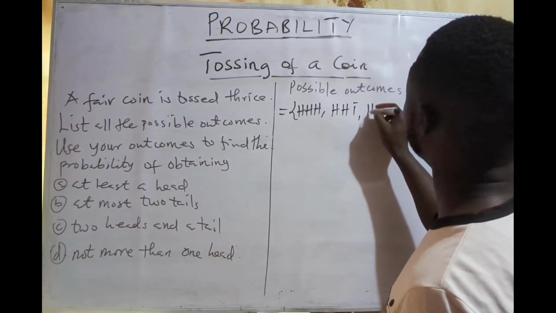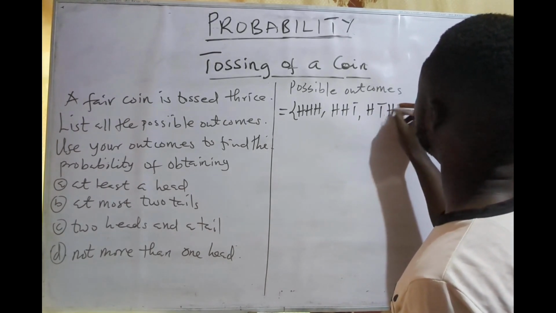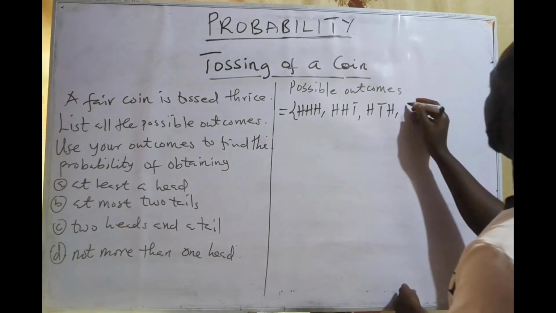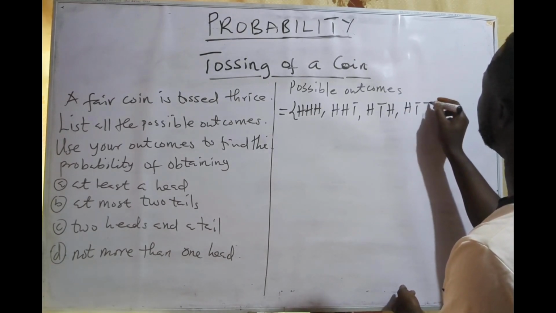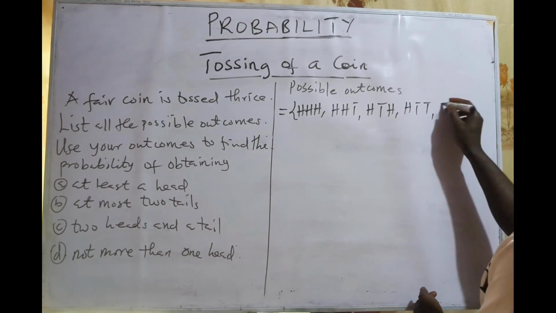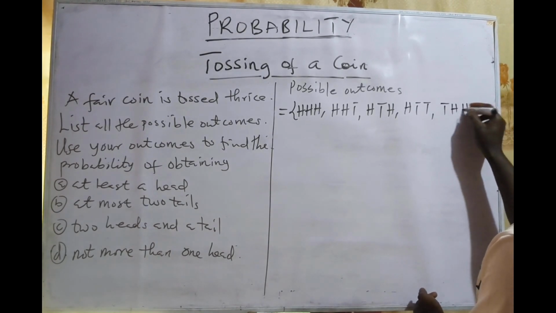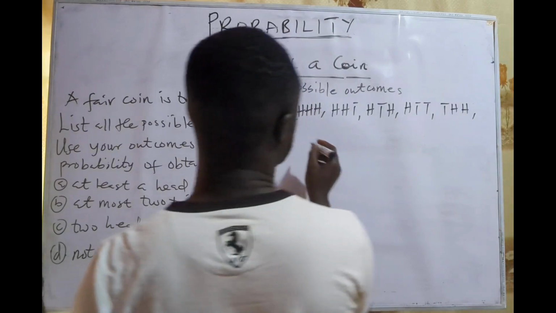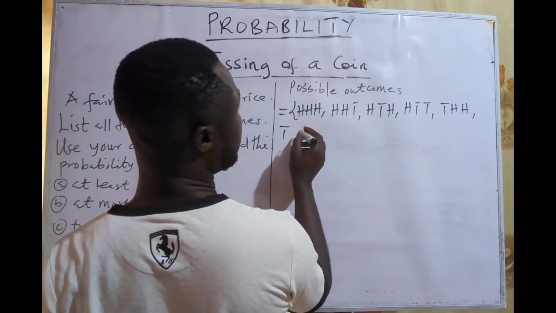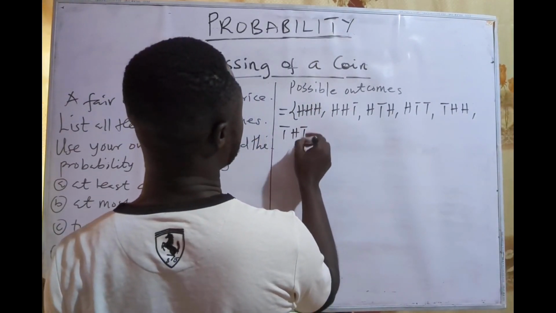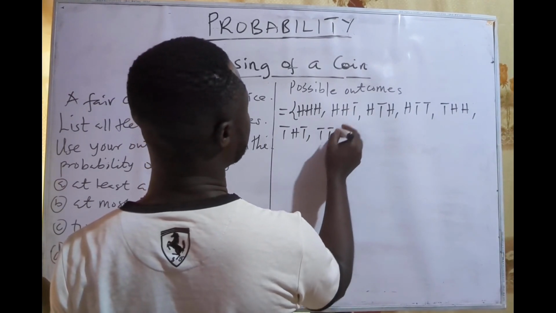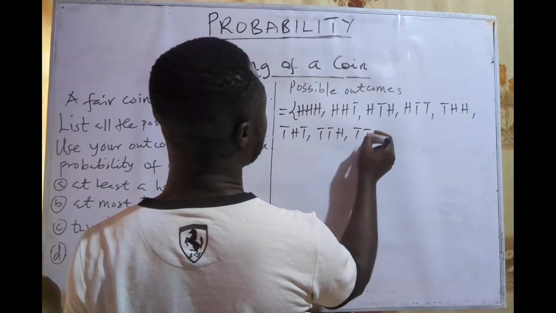Or we can have head first, tail second, and then head. Or we can have head first, tail, and then tail. Or we can have tail first, head, and head. Or we can have tail first, head second, tail. Or we can have tail, tail, and head. Or we can have tail, tail, and tail.